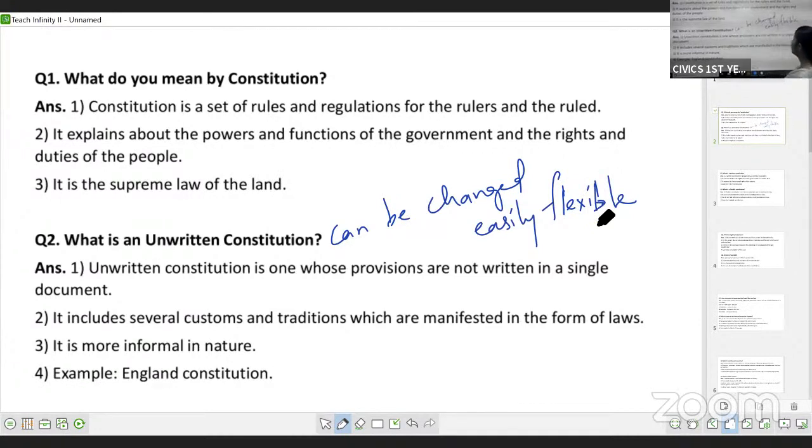What is the nature of an unwritten constitution? It is flexible. Flexible means it can be changed easily according to the needs of the people.